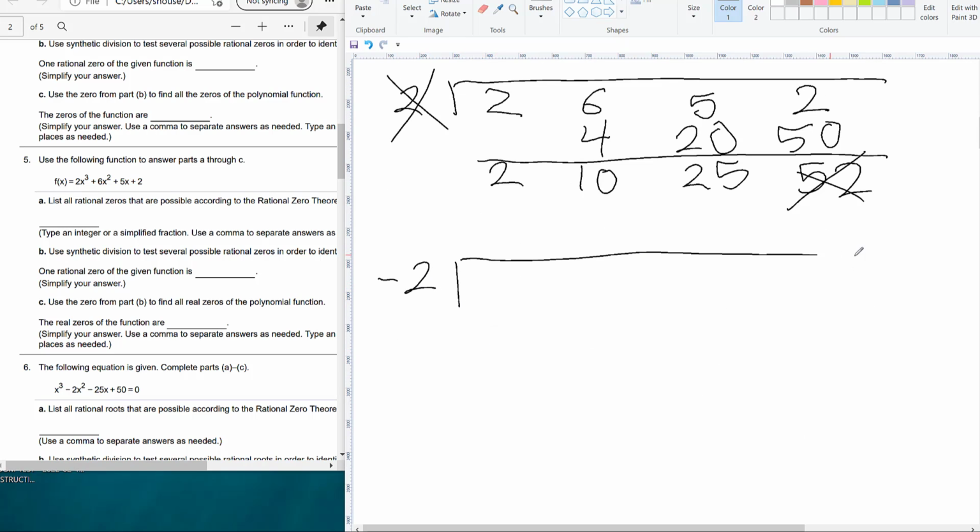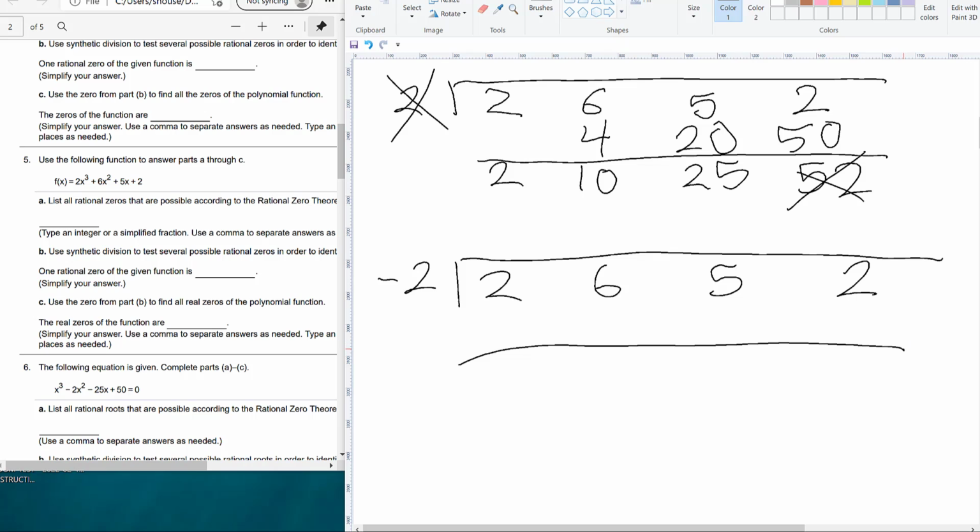-2. On the outside, 2, 6, 5, and 2 on the inside. 2 drops down. -2 times 2 is -4. Add, I get 2. -2 times 2 is -4 again. Add, I get 1. -2 times 1 is -2. Add, I get 0.